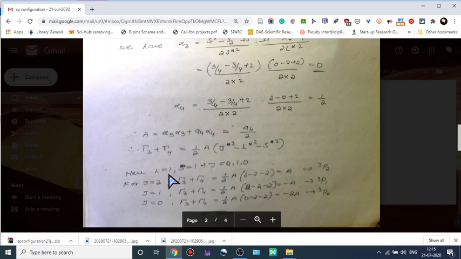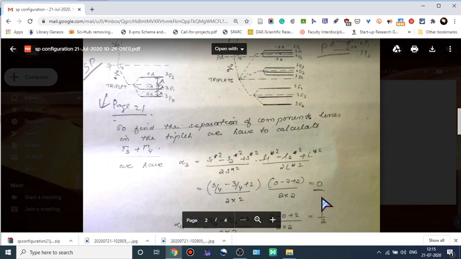And for L equal to 1, S equal to 1, J equal to 2, 1, 0: for J equal to 2, gamma 3 plus gamma 4 is A, this is for 3P2. For J equal to 1, we get minus A, that is 3P1. For J equal to 0, it is minus 2A for 3P0. That gives the terms A, minus A, minus 2A.